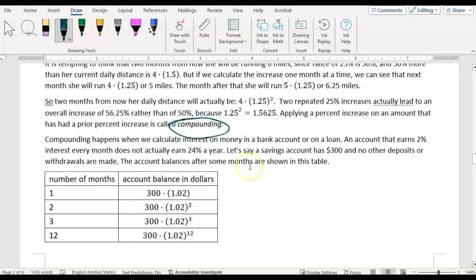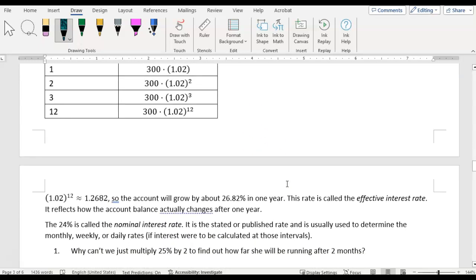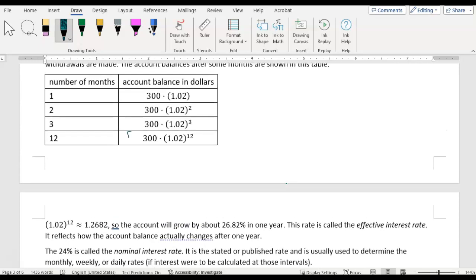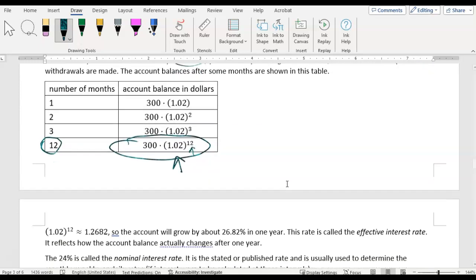So there is also this example of an account balance, and an account that earns 2% interest every month does not actually earn 24% interest a year. So they give you this example of a savings account with $300. And in this case, if they were to calculate using this, here's our factor, we're growing by 2% each month, and then we have 12 months, so they put that 12 there.